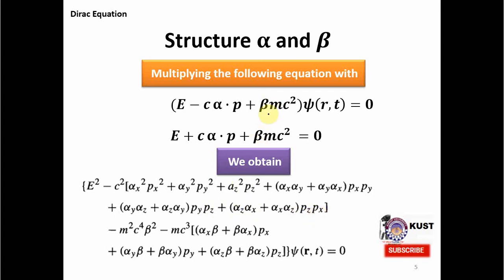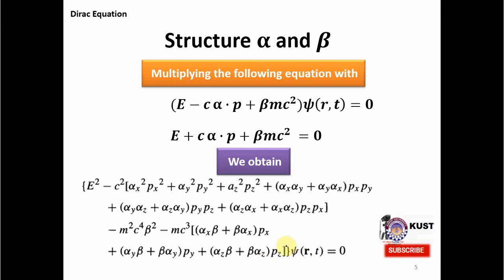And then we have the product of these two terms, that is beta square m square c square, and then we will have the other terms coming from alpha multiplied with beta. So we will get minus mc cube, and because of these cross terms, we get mc cube alpha x beta plus beta alpha x in the px component, and then in the py component and the pz component. So this is all.